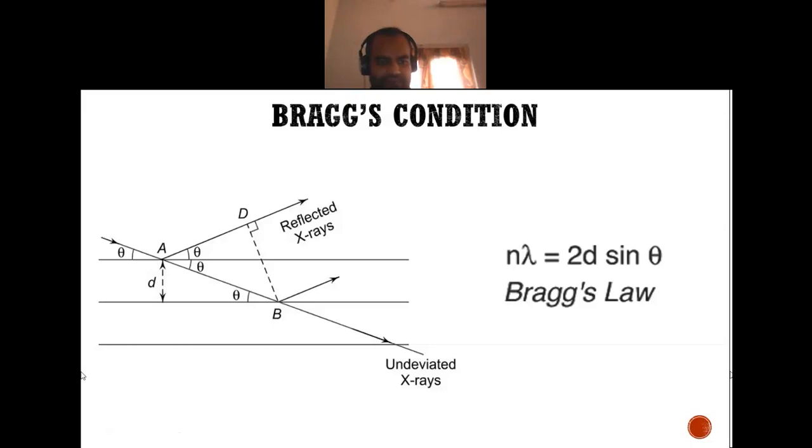So d is the lattice spacing, this distance. So sine of theta is this perpendicular d over the hypotenuse AB.